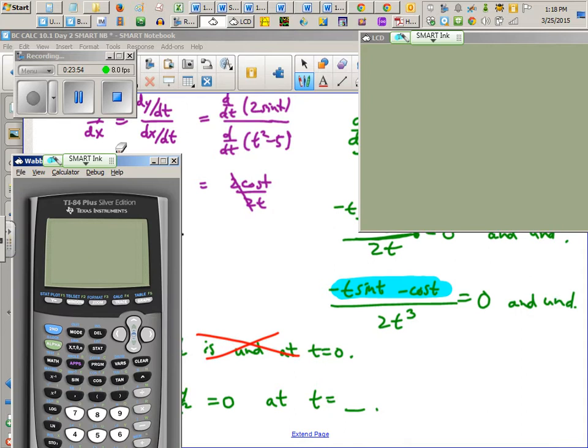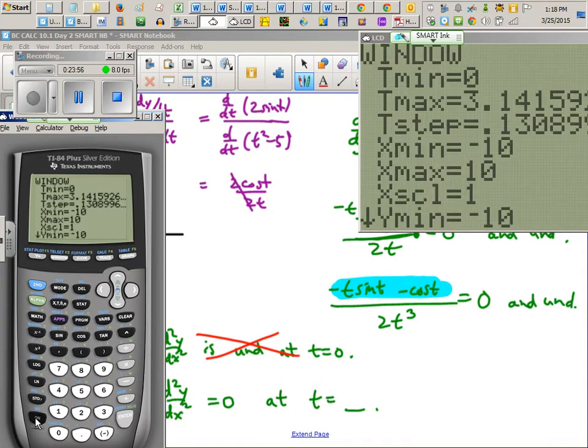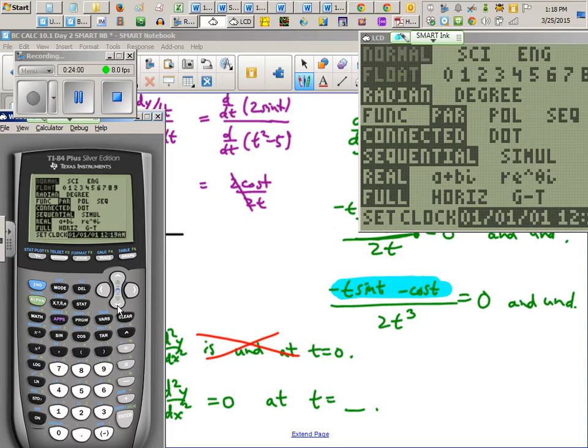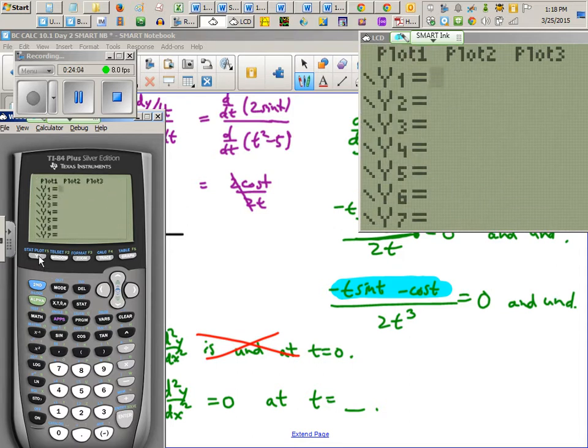Okay, so let's see here. I'm going back to regular function mode. I call it funky mode because when you press func and you press y equals, that's funky. Okay, so we're going to put in negative t sine t. Hey, now it says x. That's okay. Minus cos x. I need the roots of this thing.